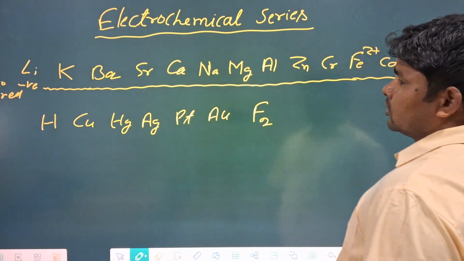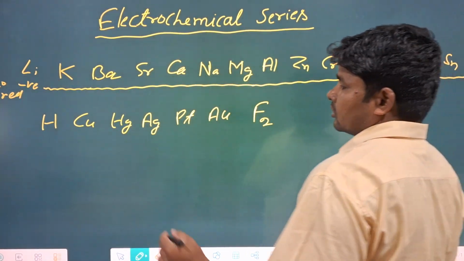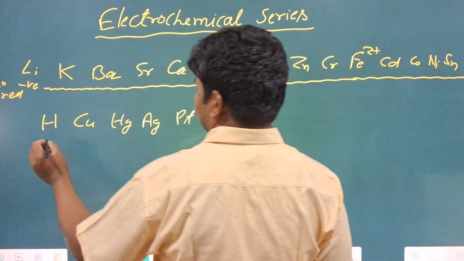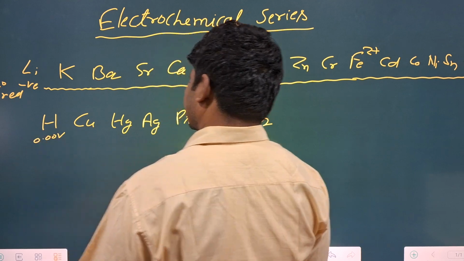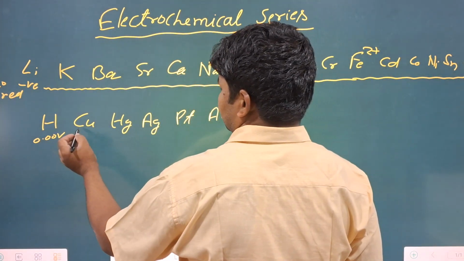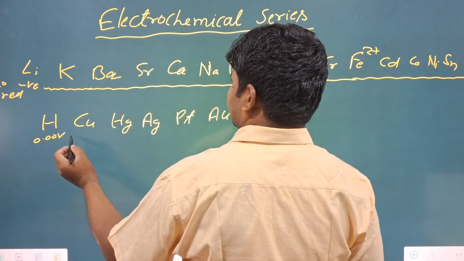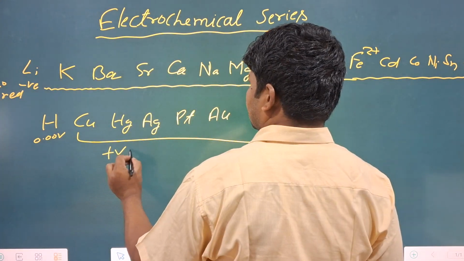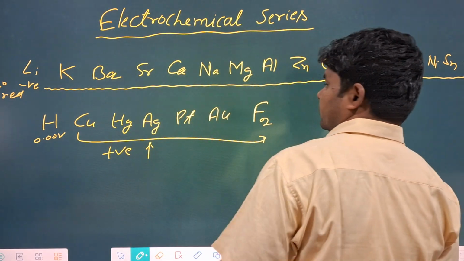Here lithium to lead contain negative reduction potential, and the electrode potential of hydrogen is taken as 0.00 volt according to scientists. From copper to fluorine, the reduction potential becomes positive, and this positive reduction potential increases from copper to fluorine.